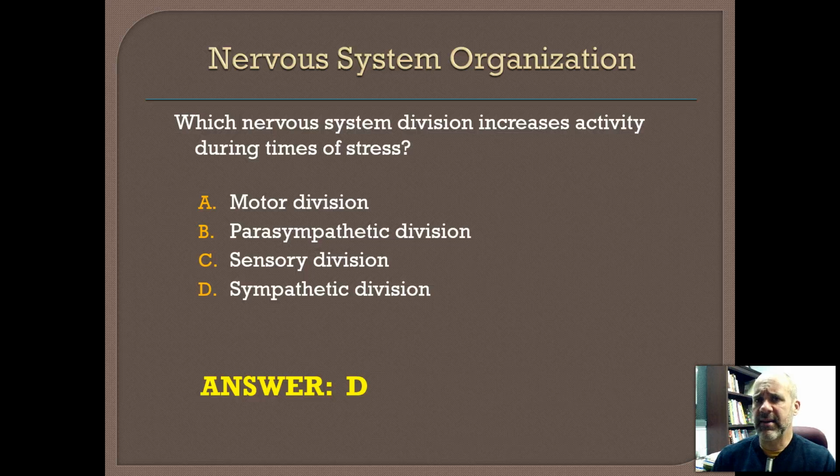And I don't want to imply that the sympathetic division only gets activated during times of extreme stress, just anxiety. Anytime you need to increase your blood pressure or your breathing rate to help you maintain homeostasis, the sympathetic division is going to be involved.